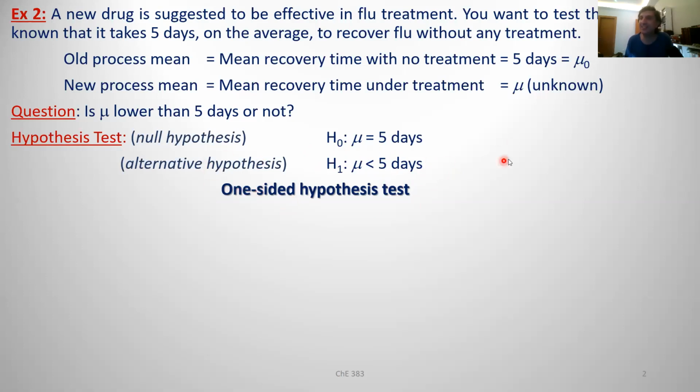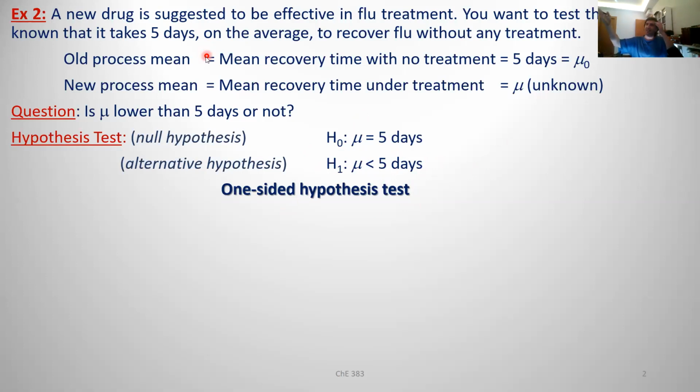If mu is greater than 5 days, I don't care about it, because if mu is not smaller than 5 days, we are not going to be using this drug, whether mu is equal to 5 days or even mu is equal to 10 days, because it is not effective, meaning it does not decrease the recovery time.